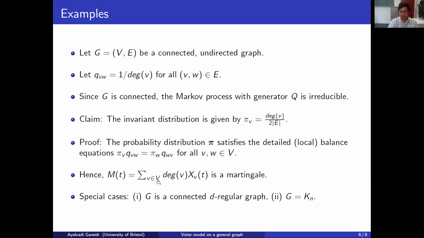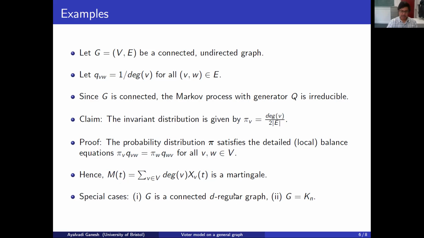So we are summing over all vertices in V the state, which is 0 or 1 in the configuration. So we are counting the number of ones in a configuration. Okay, so if MT counts the number of ones in the configuration, then that's a martingale. That's the claim. And that's only true on a d-regular graph.